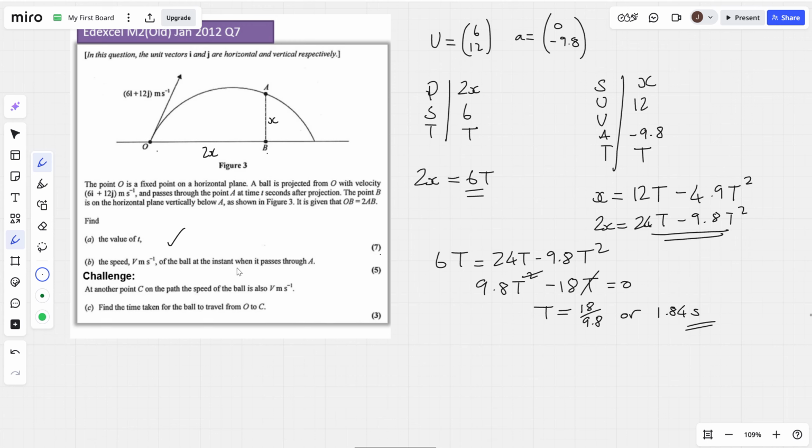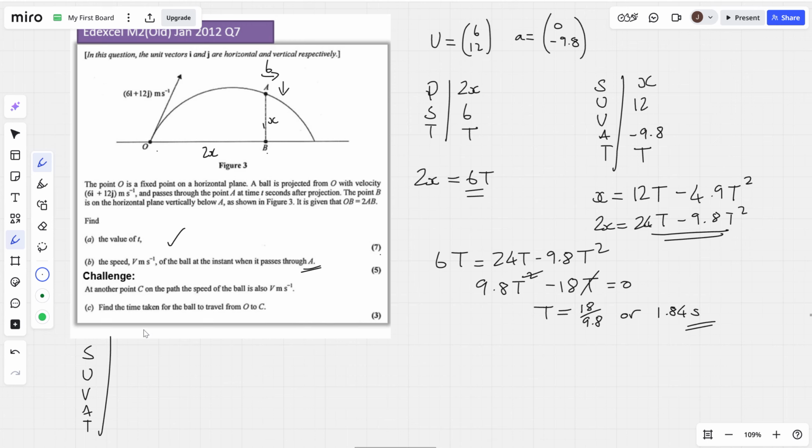What's the speed when it goes through A? Okay, so the speed horizontally will be 6 because it doesn't change because there's no acceleration. So what's really asking me is what's going on vertically here. So let's just work with the vertical because I don't need anything else.